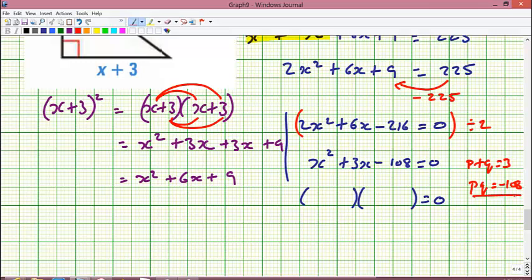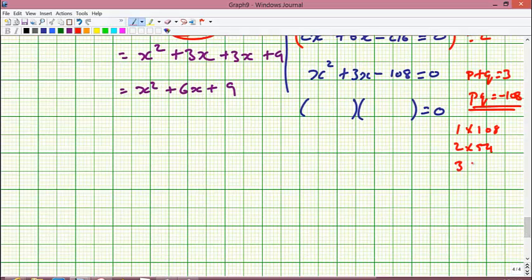Okay, so let's factorise 108. 1 times 108, 2 times 54, 3 times 36, 4 times 27, 6 times 18, we're getting closer, 9 times 12, ooh, I think we're there, okay?